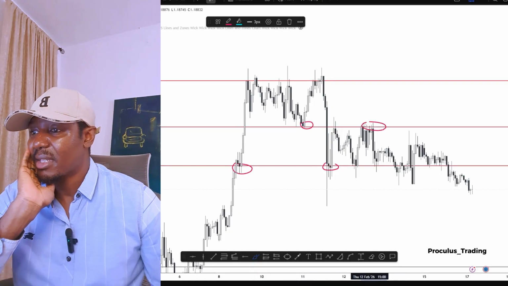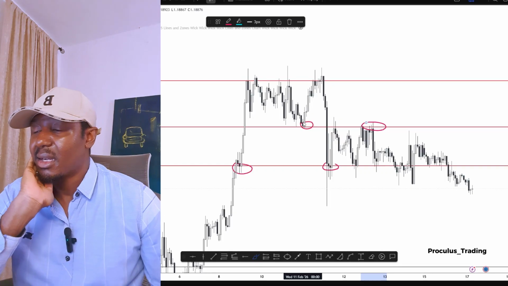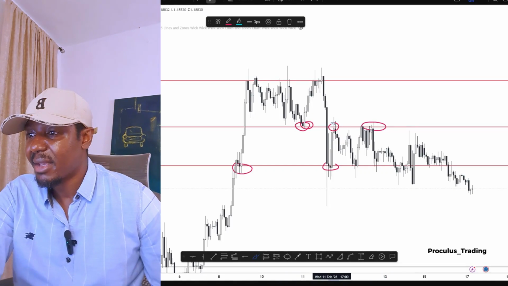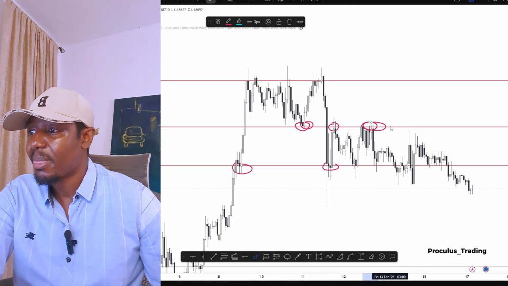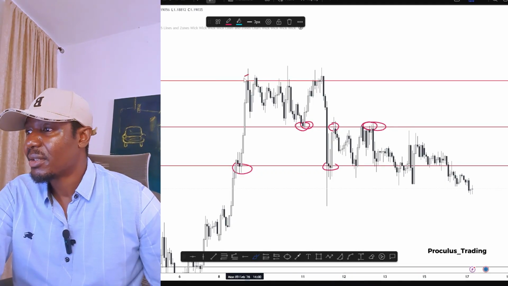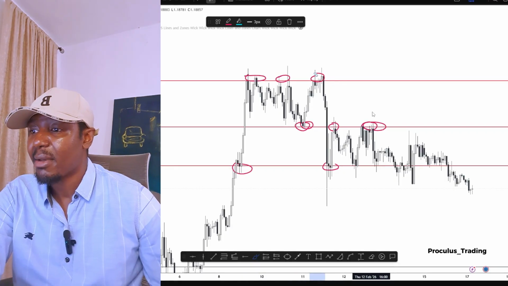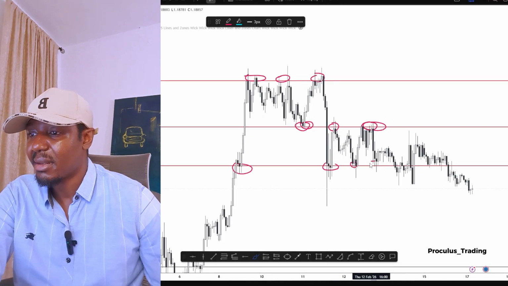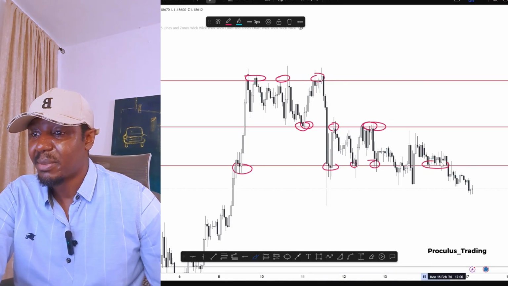At this point here, this is a support zone right here, and then it became resistance here. It became resistance here also. And the whole of this place is just resistance, resistance, resistance. Then we can see support, support, support here again, support here, and then we have support here.